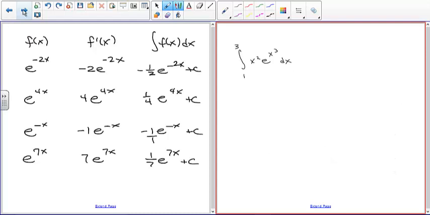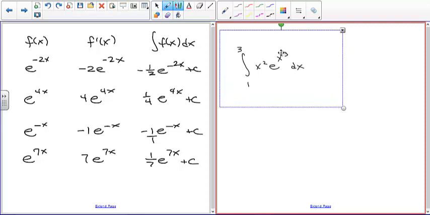Okay, and the last one is this one. So it's using u substitution. The exponent is going to be u. But remember, because it's a definite integral, we're going to change the limits. So we're going to redefine the limits in terms of u, just like we normally do.